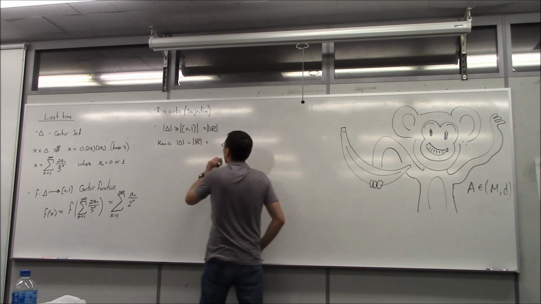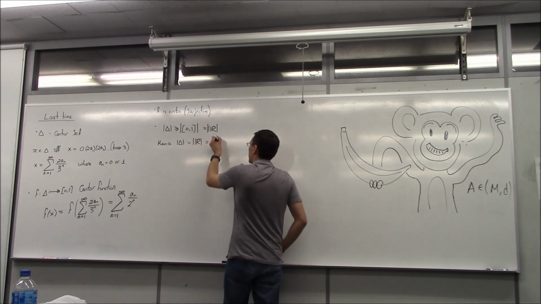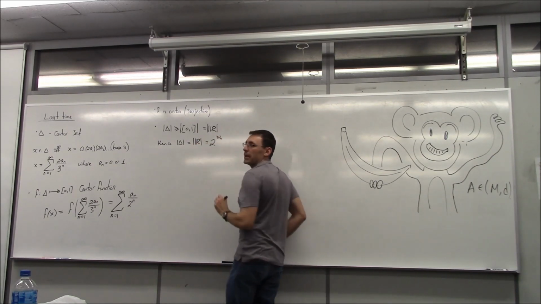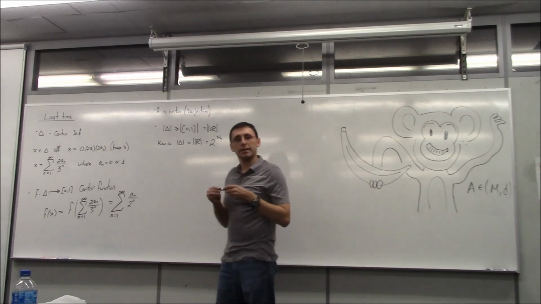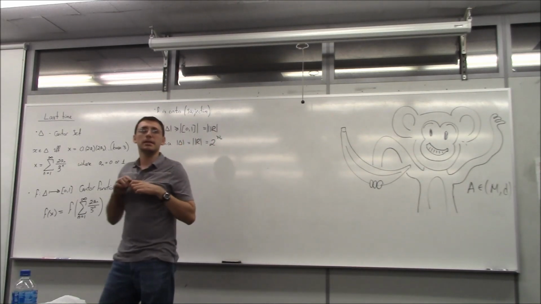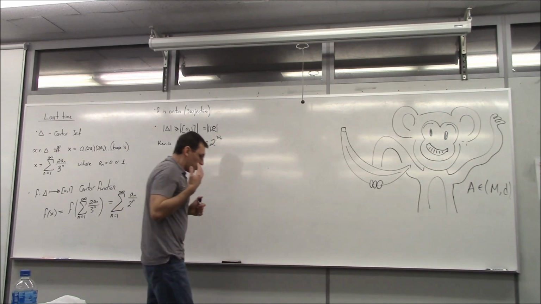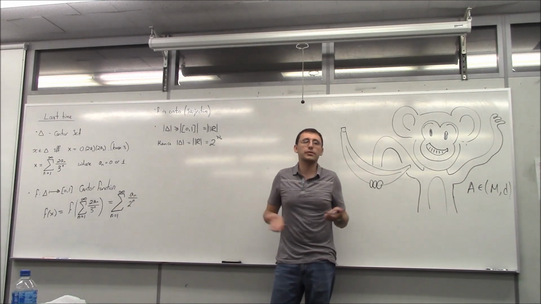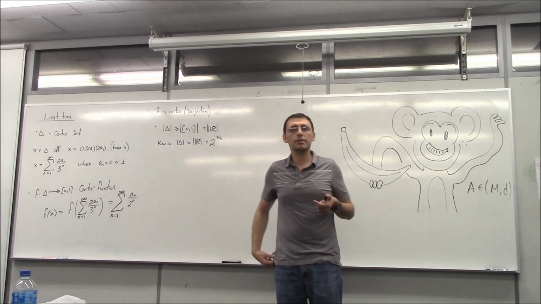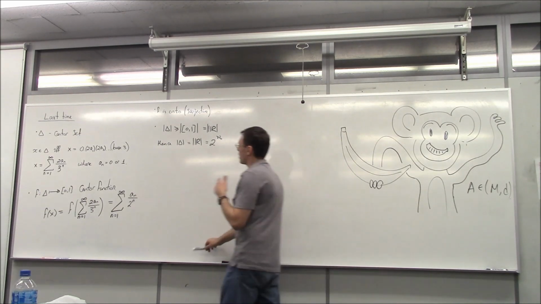By the way, this cardinality can be represented as 2 to the power of aleph naught, because the cardinality of R, the cardinality of the continuum, is equivalent to the size of the power set of natural numbers. Okay? So I hope you remember all those things.